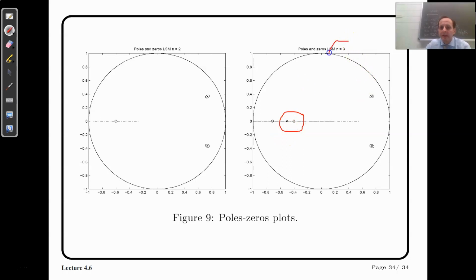So it means that you have no benefit in including 1 more pole in your description. So it seems that really the right order is 2. Okay, thank you for your attention.